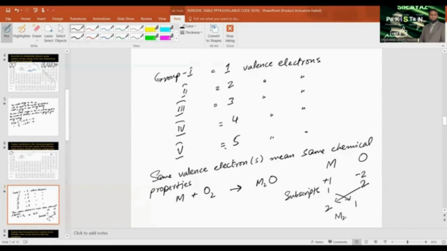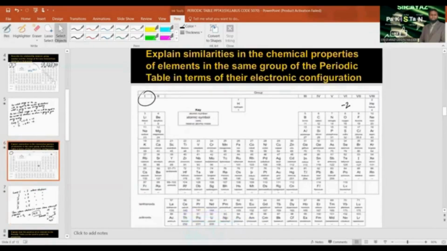So in the end, we'll get M2O. The formula of the oxide formed by the group 1 metal will be M2O. They all will form oxides with the formula M2O. In the same way, you can predict the molecular formula or chemical behavior of other elements in the periodic table.